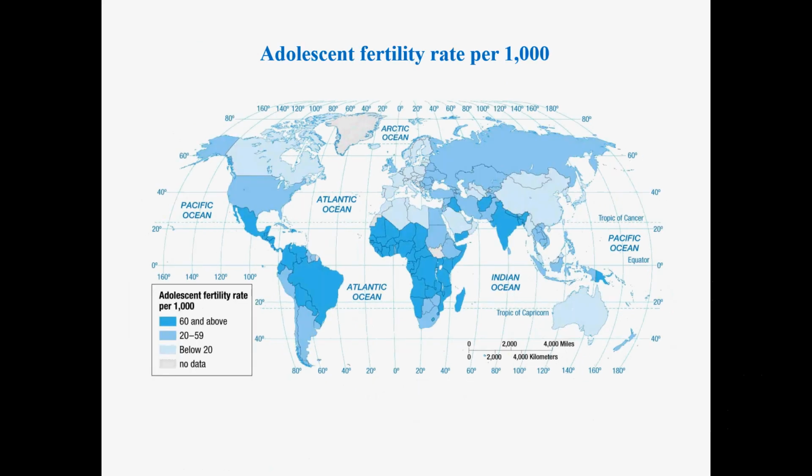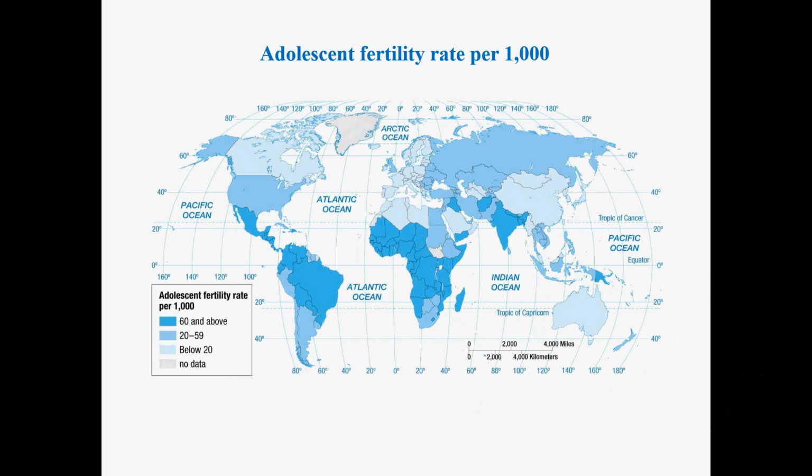This map shows adolescents' fertility rate per 1,000 people, so that is per 1,000 females. Again, that gives us a sense that for teenagers, if you lack information and lack opportunities, you tend to give birth to more children.